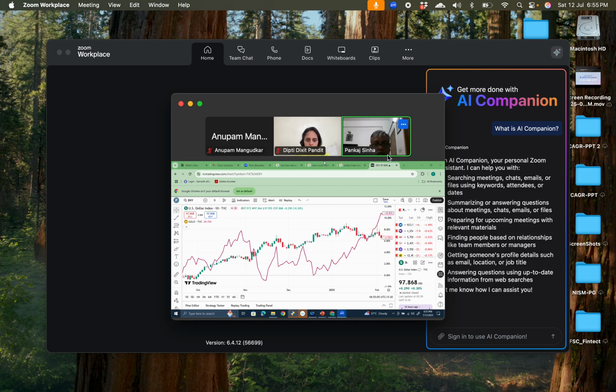So the supply of dollars was less and demand was more. That's why the dollar index, or USD INR, whatever you say, has gone up. So this was the first phase.